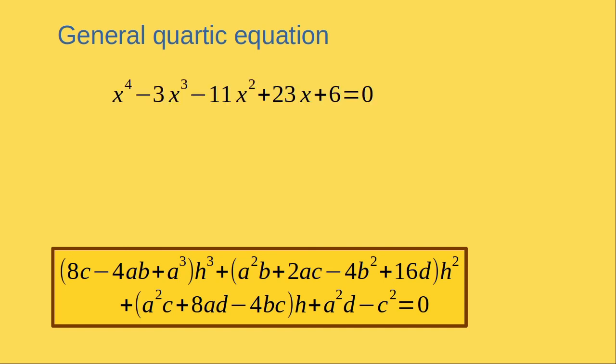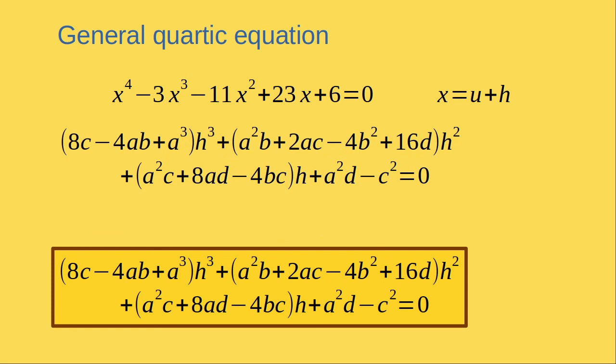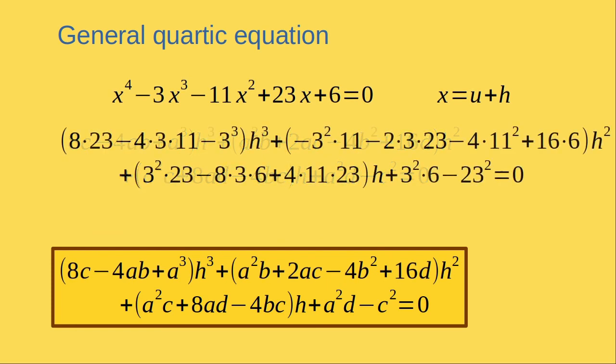The first step is to transform the equation into a quasi-symmetric one by means of the substitution x equals u plus h. To find a value for h, we invoke our cubic formula for h. Plug in the values of the coefficients.